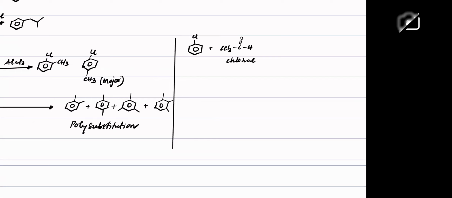In the presence of chloral, we will get the chlorobenzene adding at the para position. This has to be done in acidic medium. Sorry, I forgot to mention that. If it is acidic medium, this lone pair will take H plus, creating a delta positive on carbon. From the para position, it will push. So this will have OH, and here you will have CCl3. This is the first product.